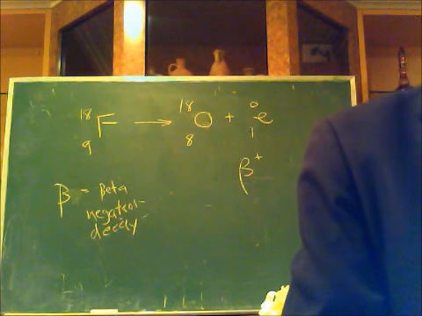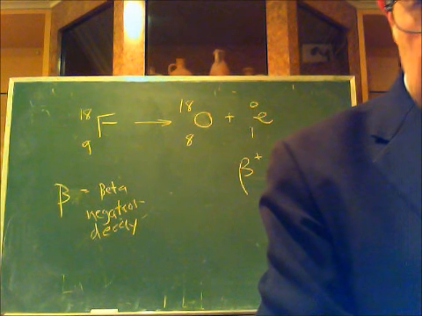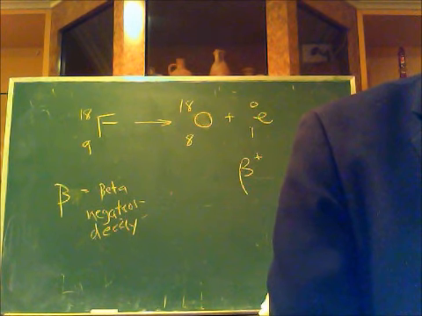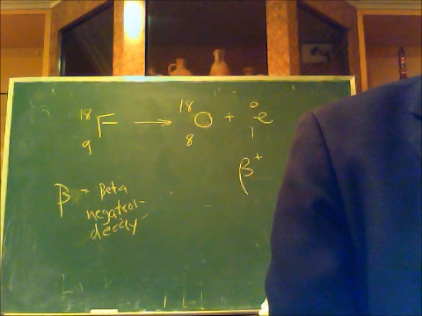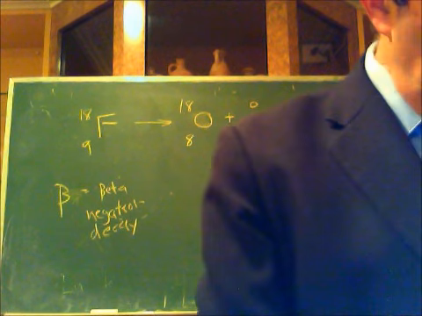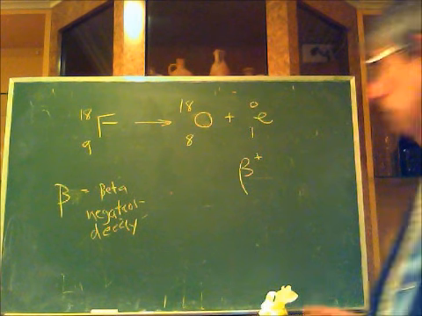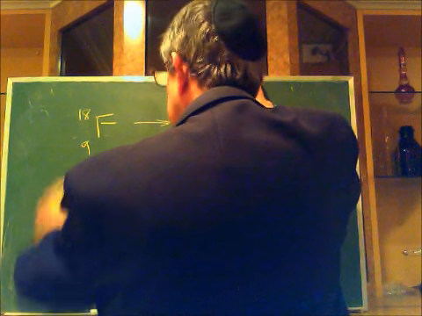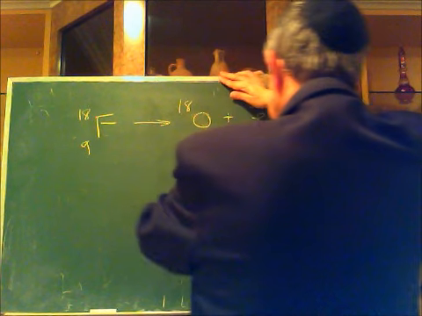Okay, so where are we now? We talked about positron decay. There's another one that you should know about as well. It is referred to as electron capture, abbreviated EC, and it's a little bit strange.